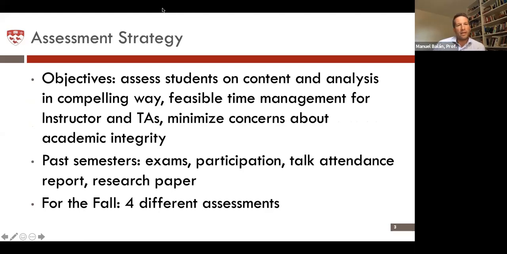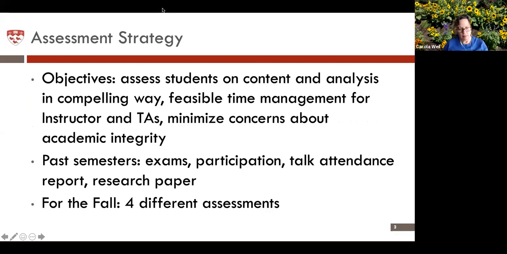Let me get right into the assessment strategy. The objectives that I had with the assessment strategy that I devised for this course have to do with trying to, of course, assess students on content in an interesting, compelling way, and make sure that they are getting what they need to be getting from the course.